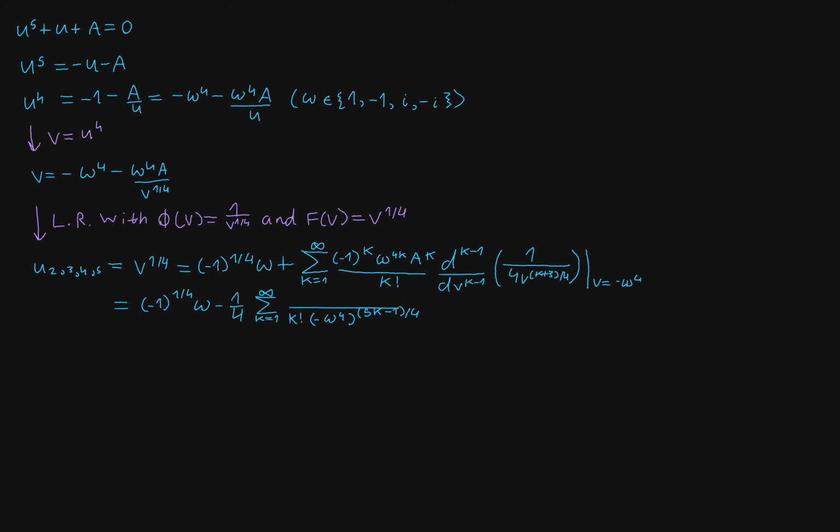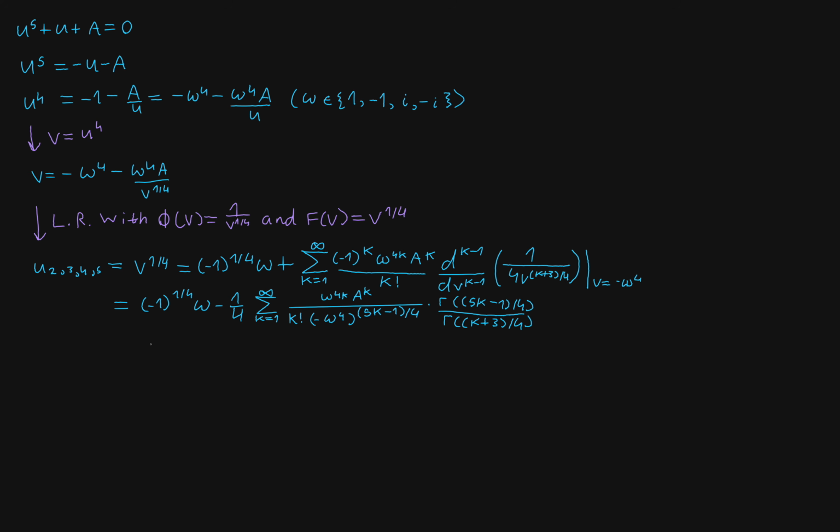And on top, in the numerator, is omega to the 4k times a to the k, and then times the remaining gamma functions. Again, you can convert the factorials to gamma functions. If you don't know about the gamma function, you can see my gamma function video extending the factorial. We're going to have gamma of 5k minus 1 over 4 divided by gamma of k plus 3 over 4, okay?